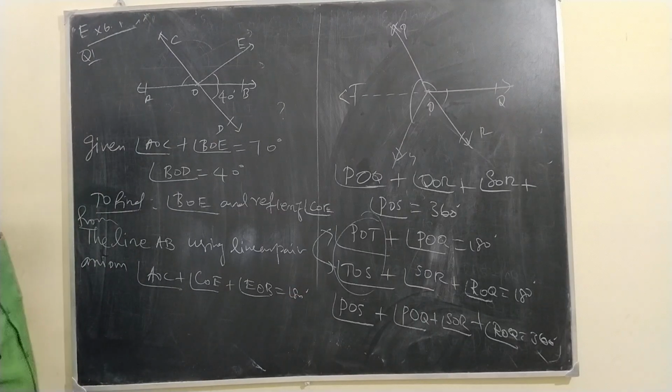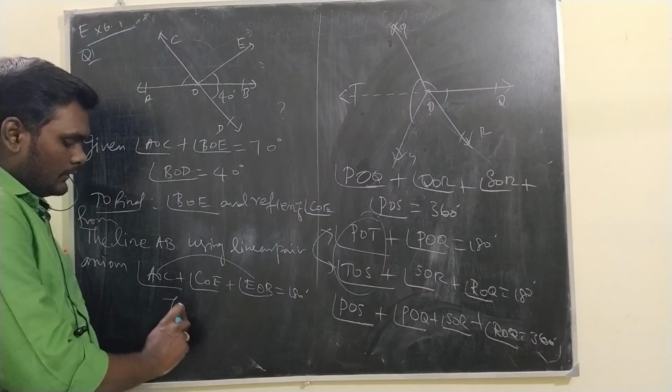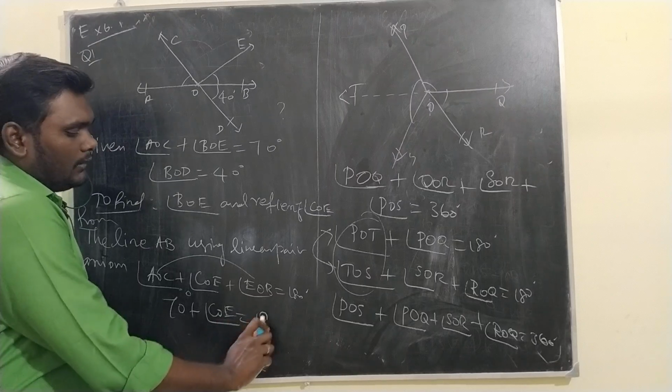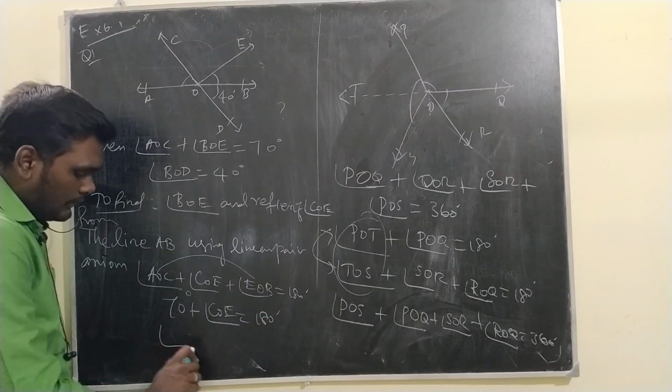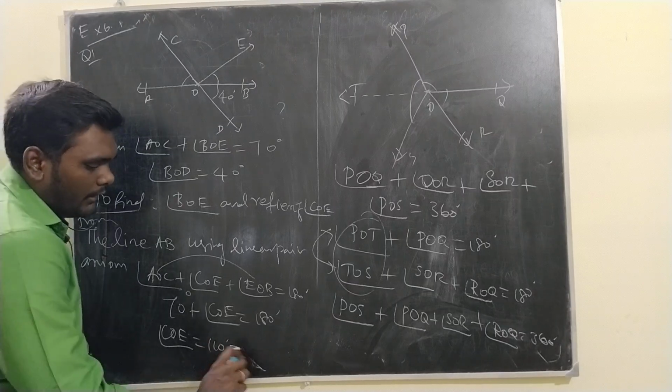EOB and BOE are equal, right? So AOC plus BOE, how much is it? 70 degree plus COE equals 180 degree, and then angle COE is 110 degree.